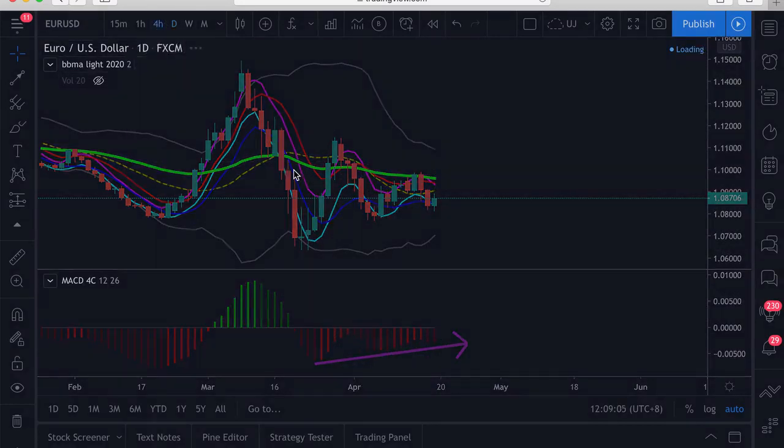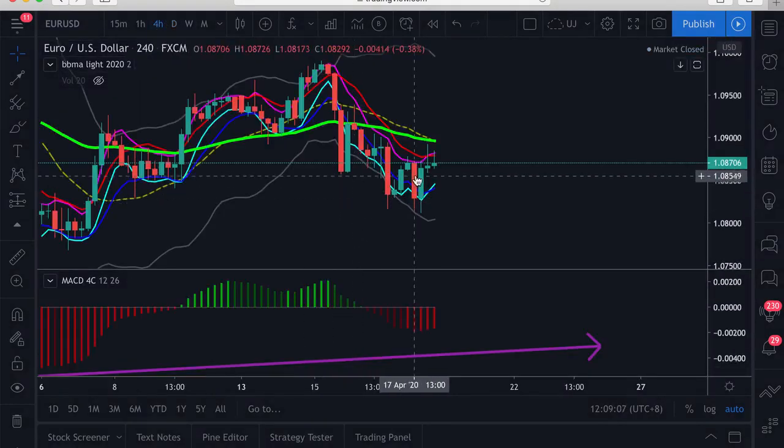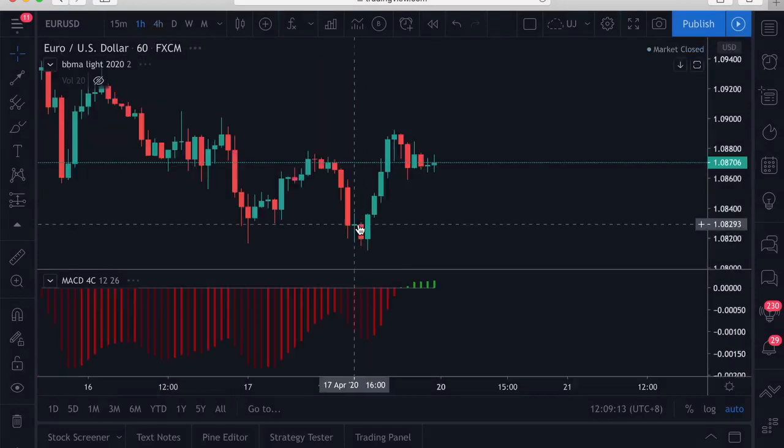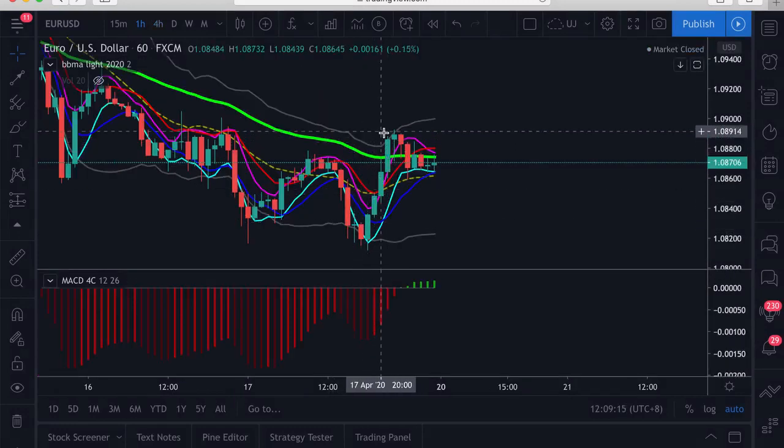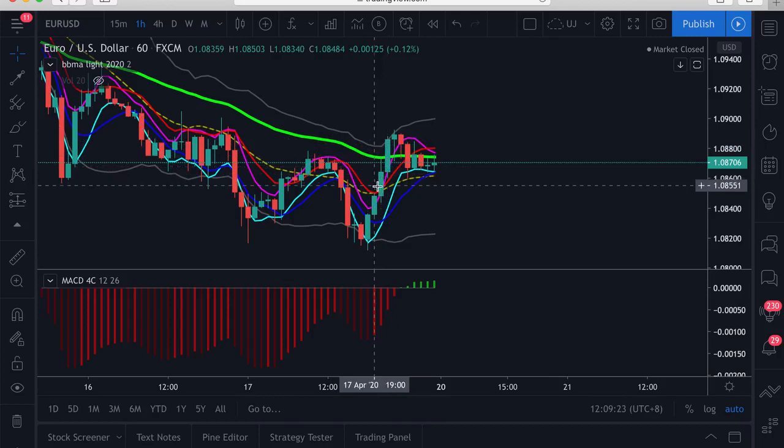On H4, we can see MHV buy as well. The price is making upward movement. And on H1, actually this one is very close. I would take this as a CSM buy because it passed the mid BB and EMA 50 and it closed above it.